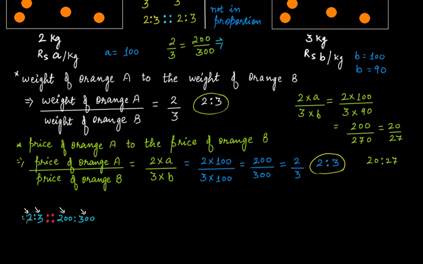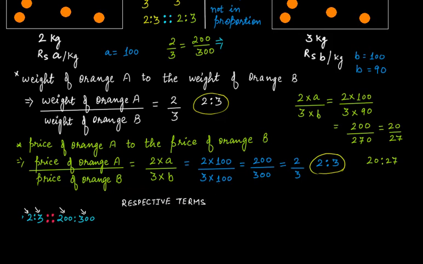Okay, so these terms 2, 3, 200 and 300, when written in the form of proportion, will be said to be respective terms.